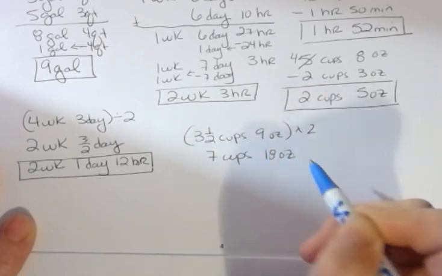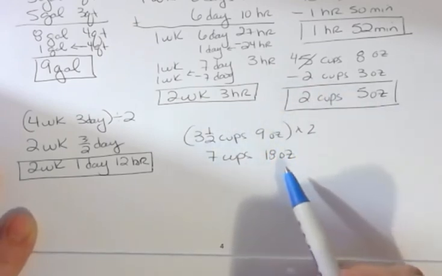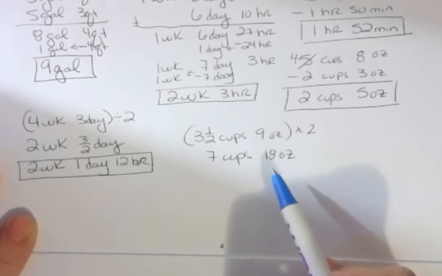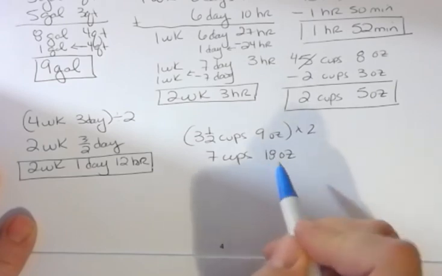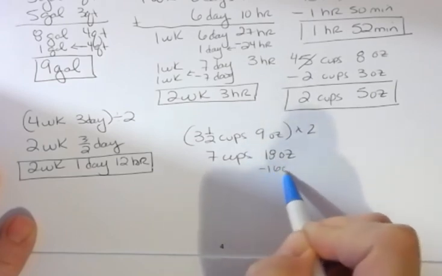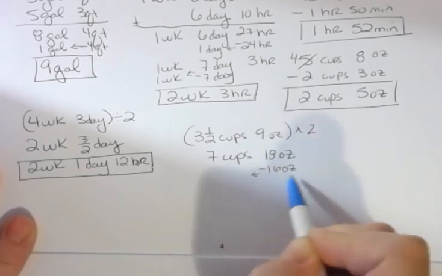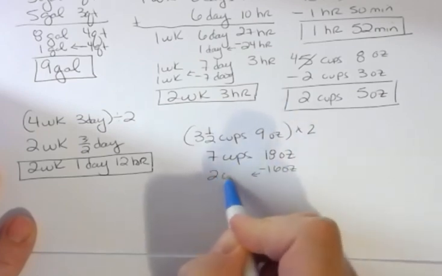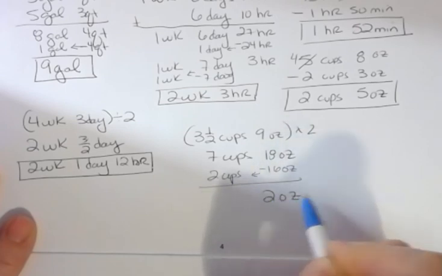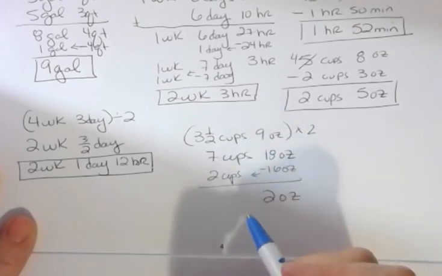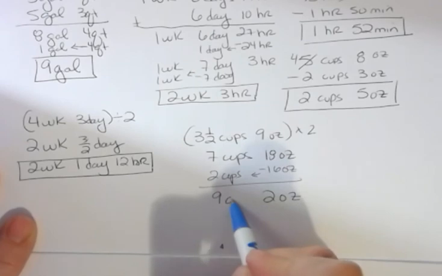But I can't leave this as 18 ounces because every time I have 8 ounces, I have a cup, right? So how many 8s do I have in here? I actually have 2. I can take 16 ounces away, and that 16 ounces becomes 2 cups. And so 18 minus 16 is 2 ounces, and 7 plus 2 is 9 cups.